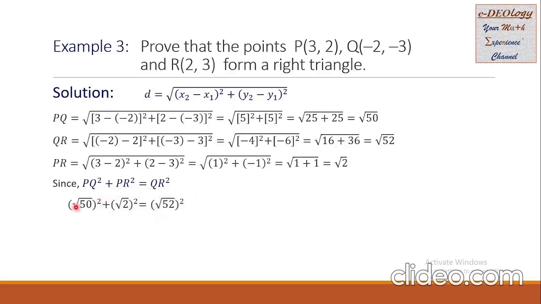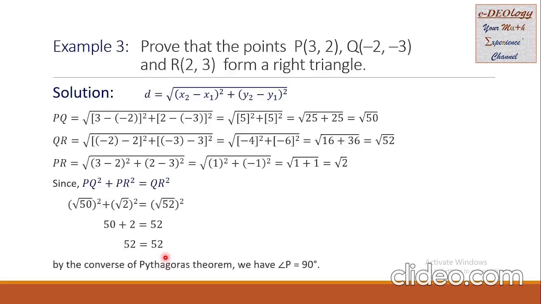Then we cancel the radical with a corresponding exponent. We have now 50 plus 2 equals 52. Then the left side is 52 equals right side, which is 52.